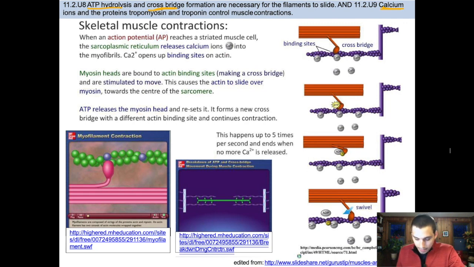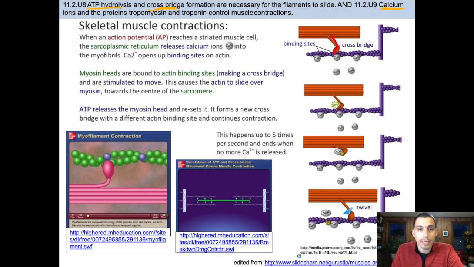And what that calcium does is it opens up these binding sites. So all along actin, there are binding sites for the myosin heads to attach to. And normally they are closed off, but calcium is able to open up those binding sites. So those binding sites open up, and now I can have this myosin head bind onto the actin. So now the two are connected.